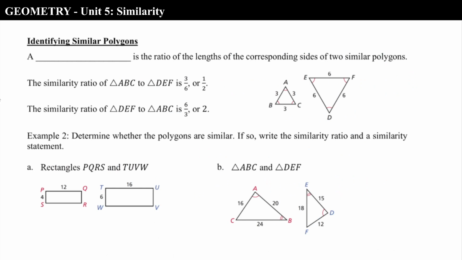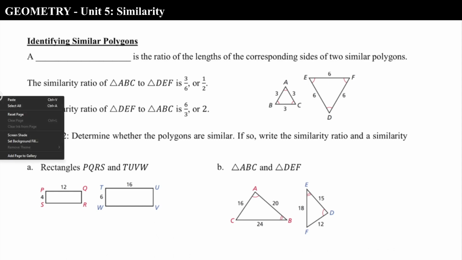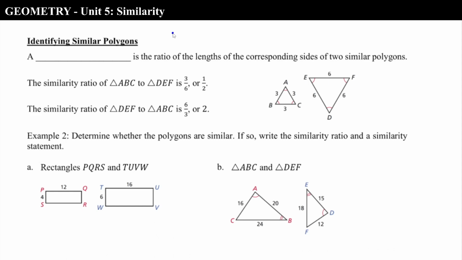So now that we've discussed what similar polygons are all about, let's see what we can do about identifying similar polygons. So a similarity ratio, I've already kind of mentioned that. A similarity ratio is a ratio of the lengths of the corresponding sides of two similar polygons.